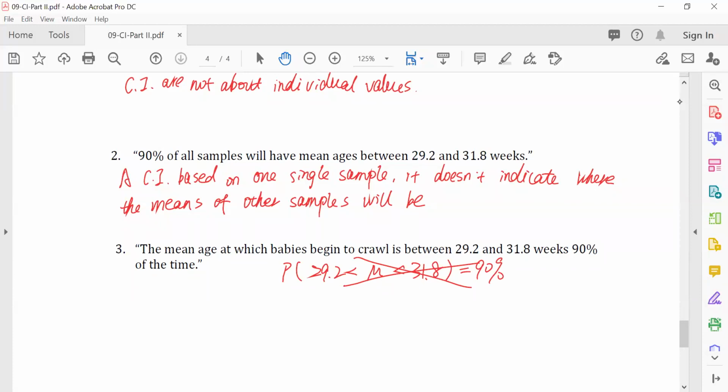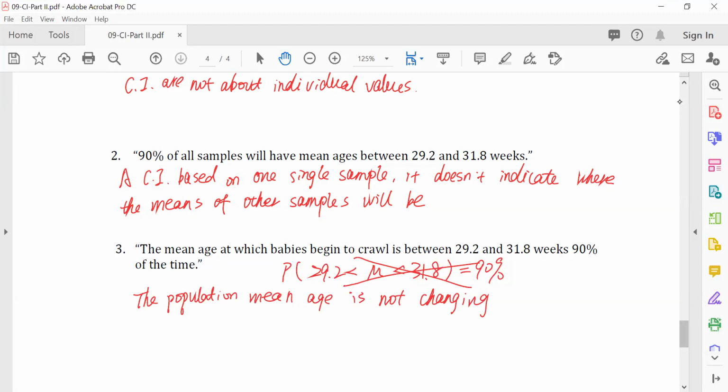So the population mean age is not changing. It is 90% of the time that the confidence interval will contain the population mean value.